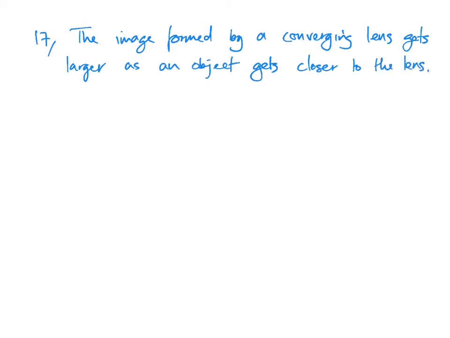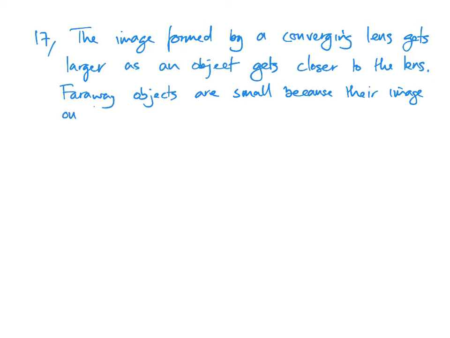Oh, basic common sense, faraway objects are small because their image is small. Right? Nearby objects are large because their image is large. Yep.